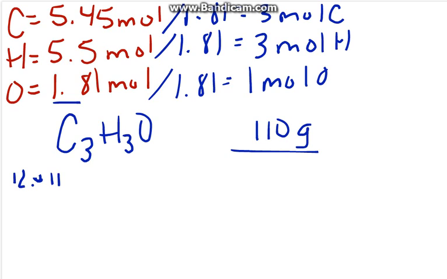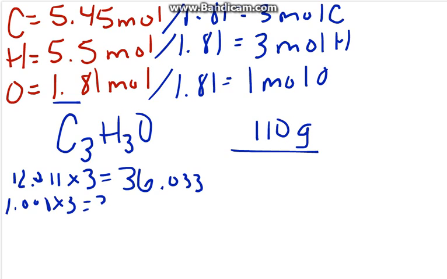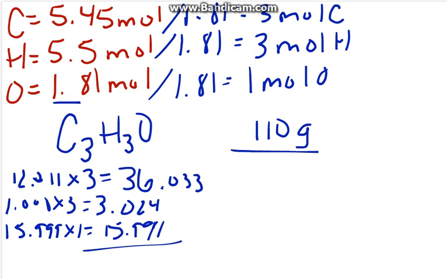The experimental mass that they gave us was 110 grams. I have 12.011 times 3 for carbon, and I get 36.033. And then I have 1.008 times 3 for hydrogen. I get 3.024. And then I have 15.999 for oxygen times 1, so that stays the same.